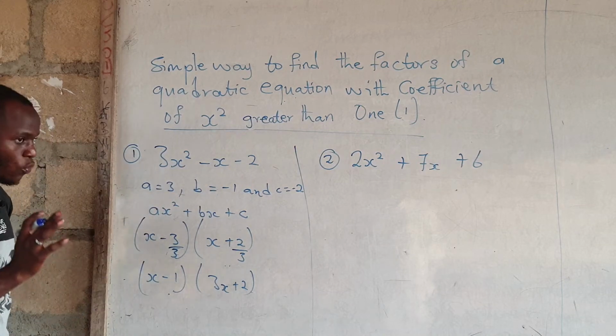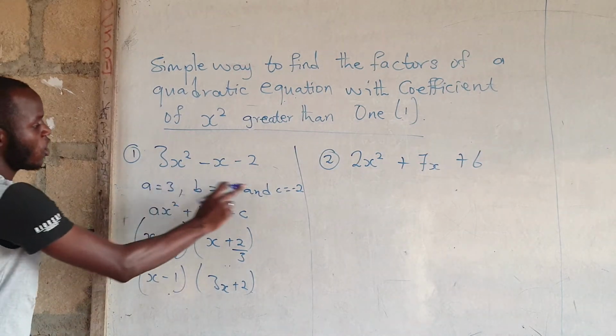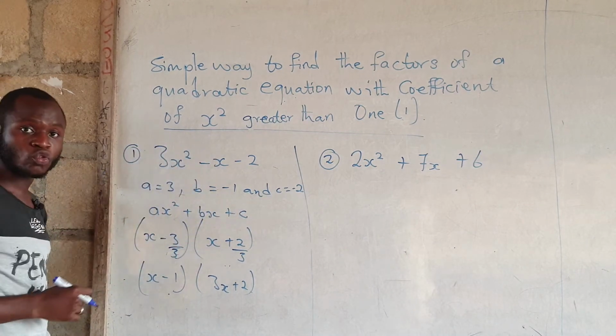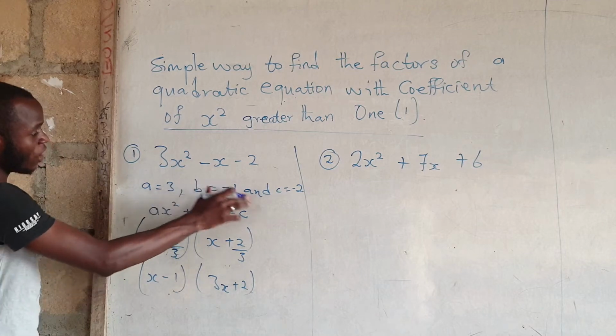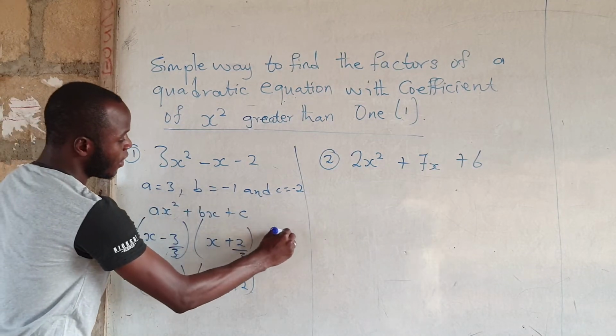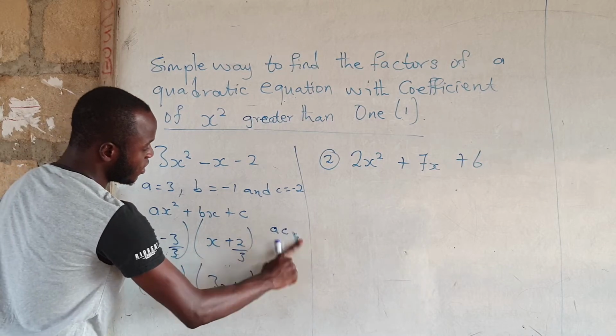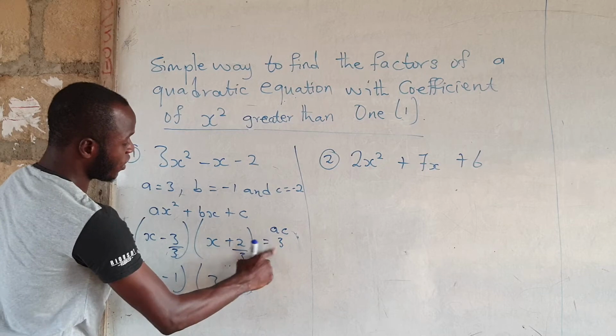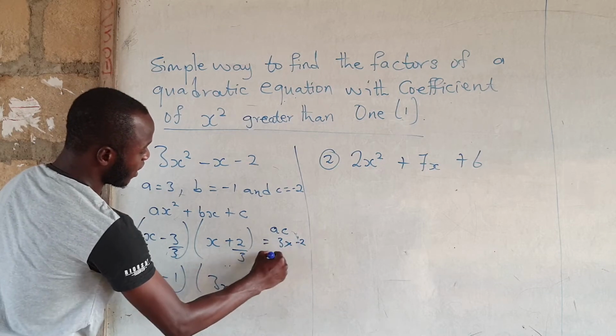So the first thing that you have to do is to compare the original quadratic equation with the general one given, then you know your a, b, and c. The next step is to multiply a and c, which is 3 times -2, and the answer is -6.